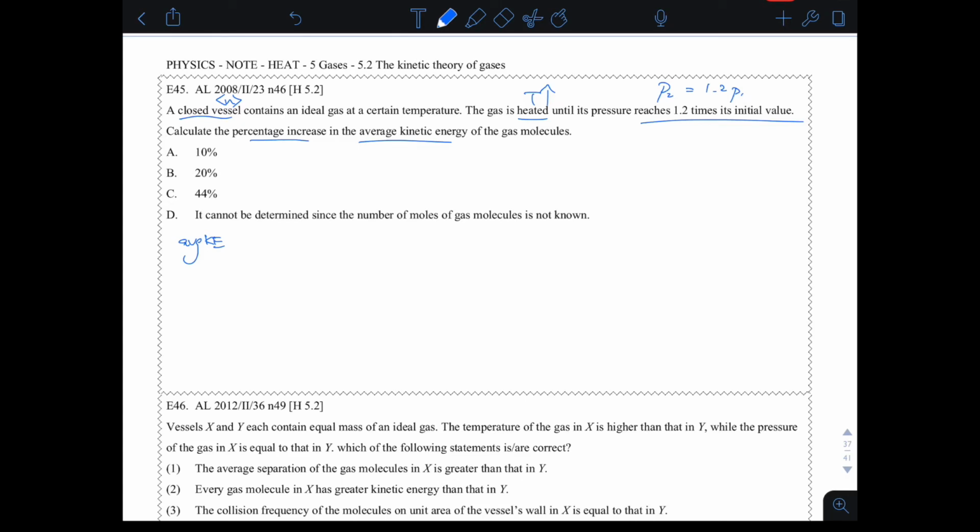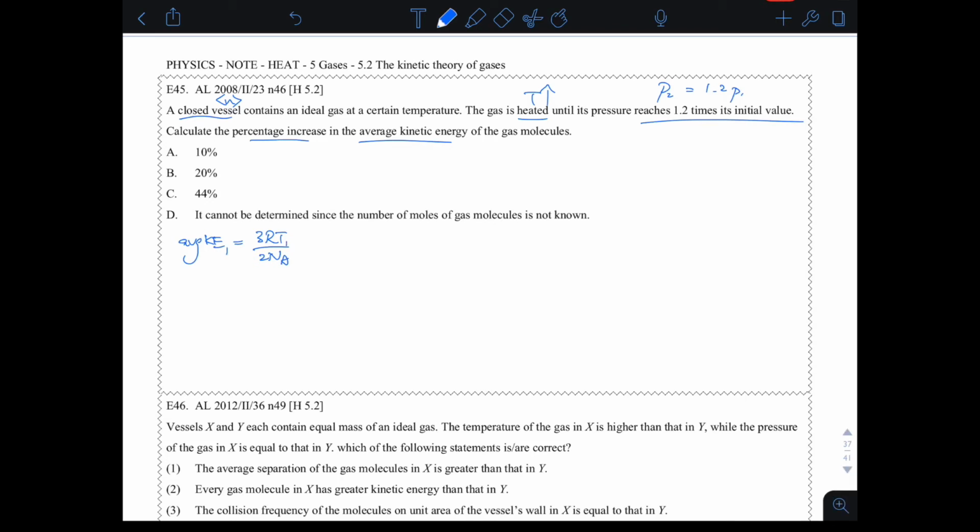But if you want to be quick, you may use the fact that average KE is directly proportional to T, so that when T increases, average KE also increases. But in order to be a little bit more comfortable, I try to use the equation method to do it for you. So the exact equation for average KE is this one.